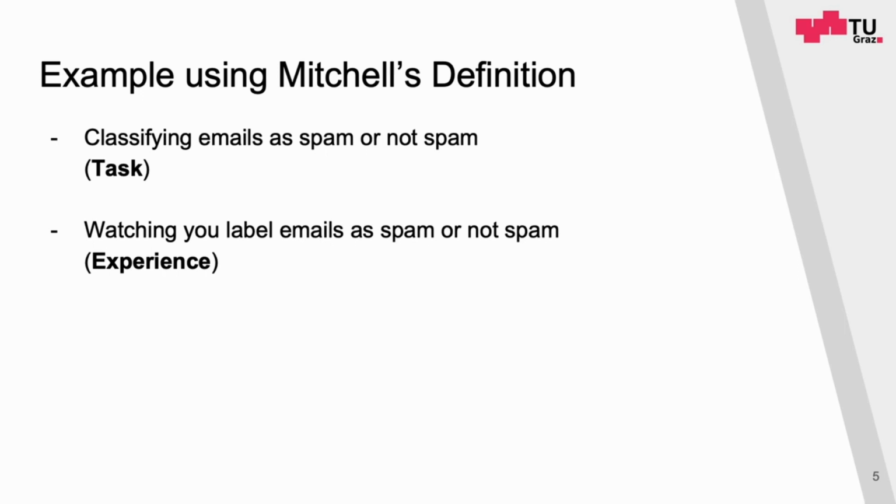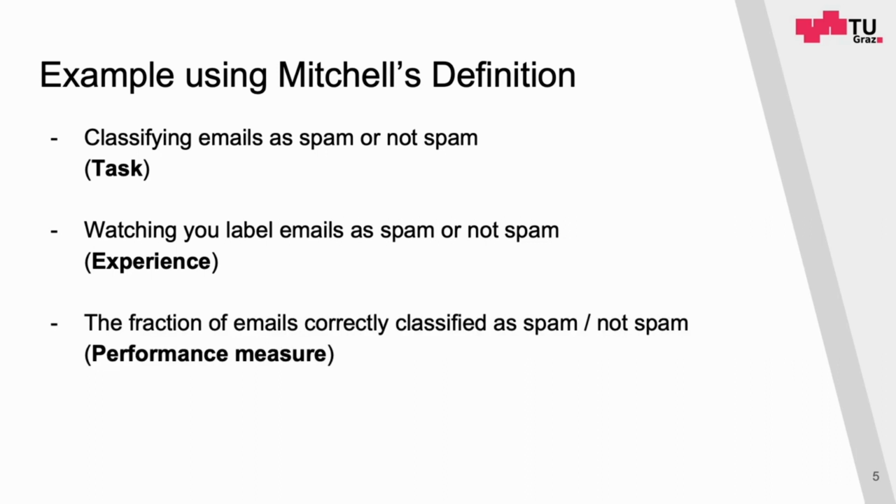The more you label the correct emails as not spam and the spam emails as spam, the greater its experience gets. And the performance measure is the fraction of emails which got correctly classified as spam and those which got correctly classified as not being spam. So we have a task, experience, and the performance measure.